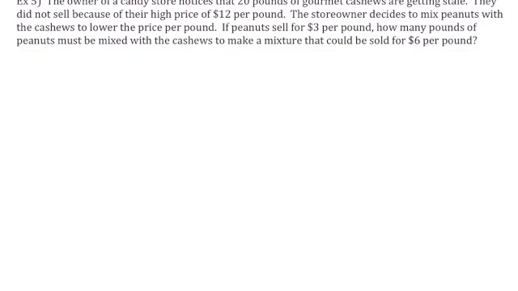The store owner decides to mix peanuts with the cashews to lower the price per pound. If peanuts sell for $3 per pound, how many pounds of peanuts must be mixed with the cashews to make a mixture that could be sold for $6 a pound?